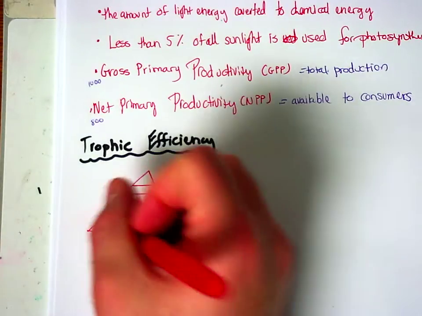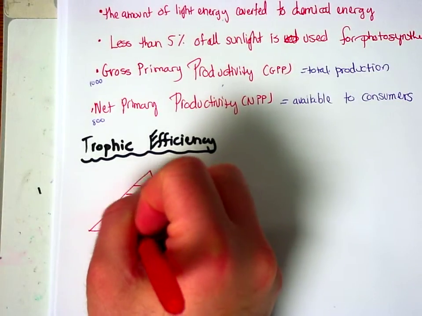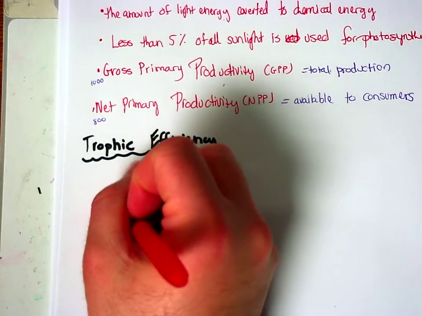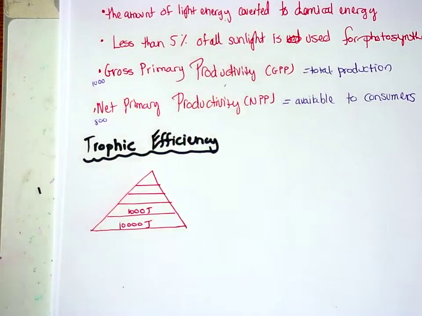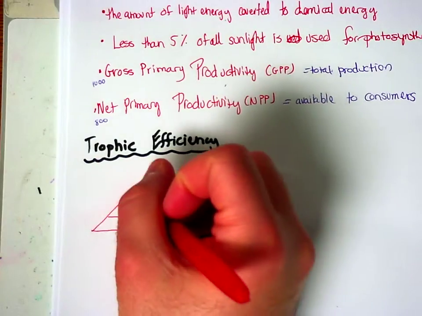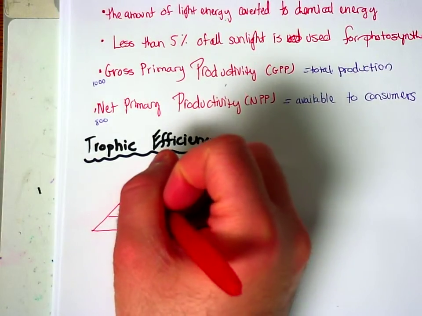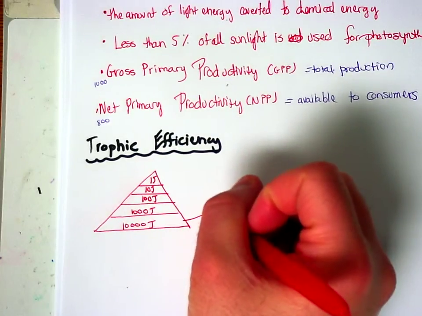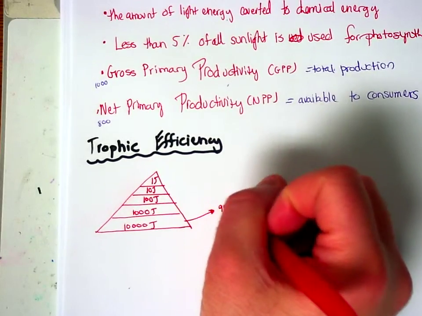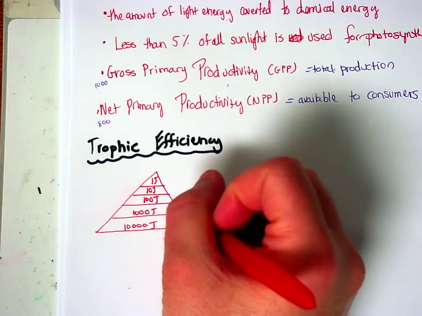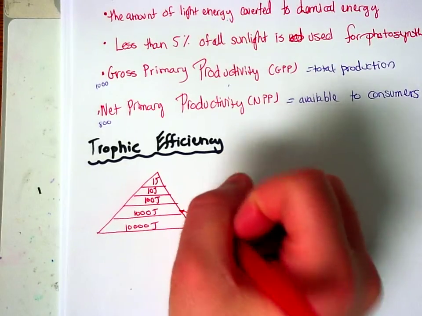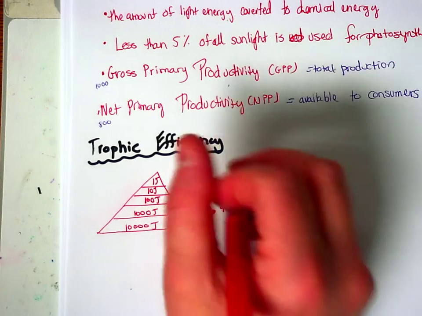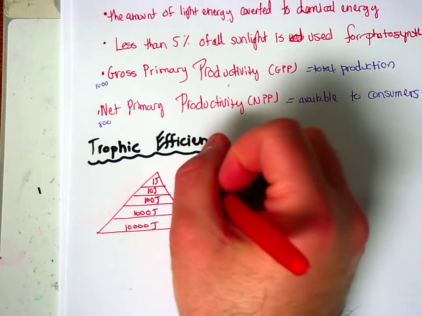If you had 10,000 joules of energy in all producers, then the best you could do is have 1,000 joules of energy in the next level. So in each change, you have a 90% loss, which means your carryover is only 10%, and you do that each time.